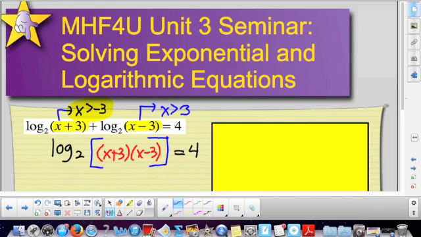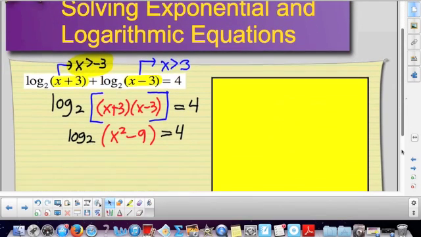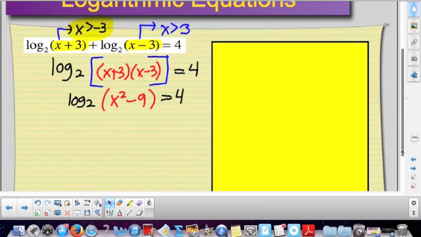So that's the same as log to the base of 2. I have a difference of squares situation there. So that's x squared minus 9 is equal to 4. Now, I've taught you this many times.